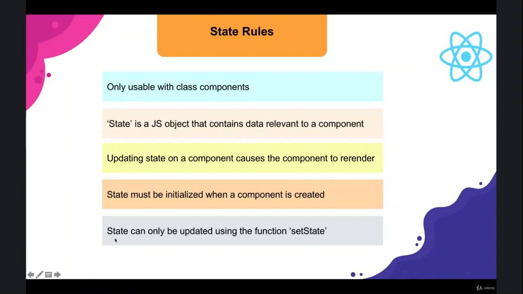Again, last but not least, right? A state property can only be updated using the function setState. Now, I know you don't know what the setState is yet, but you can imagine, and I will repeat this line to you again and again because it is the most common error that everybody makes when they start learning React.